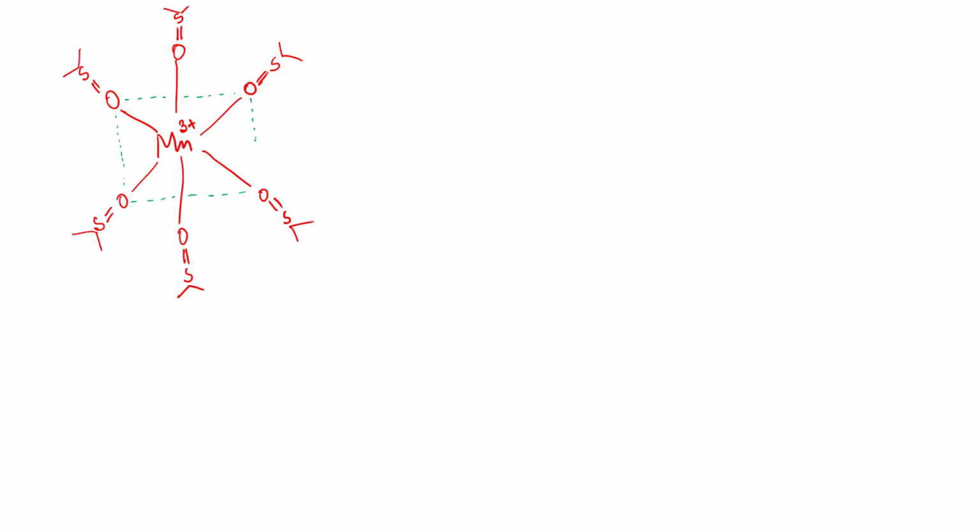This is the square planar part of the octahedral system, and this is the square pyramidal part of the octahedral system. Okay, so this is the [Mn(DMSO)6]3+ complex.